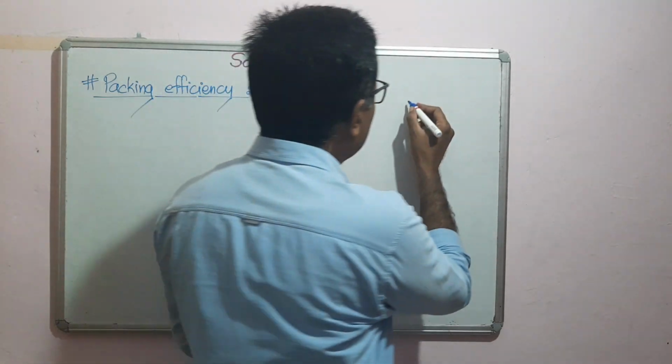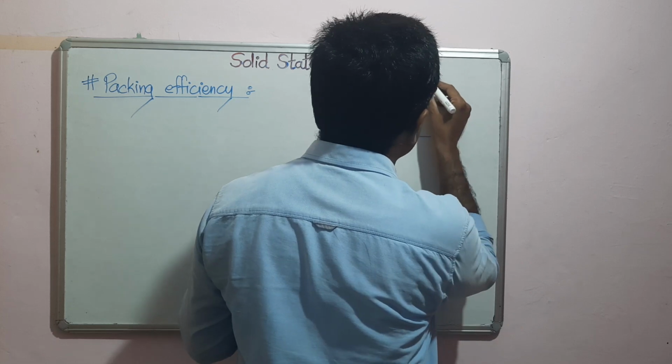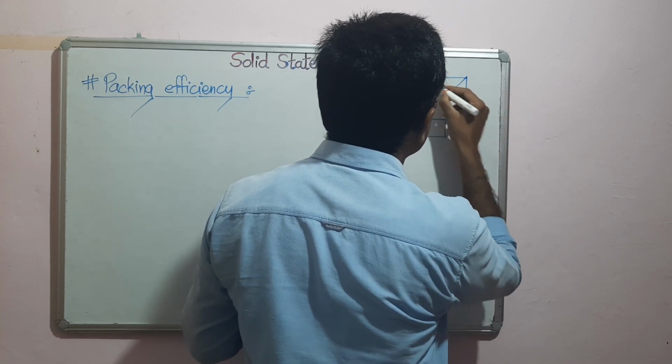So we can write simple cubic unit cell like this. By definition, what is a simple cubic unit cell?